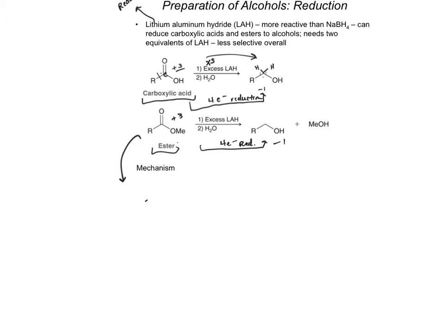So I'm just going to take this and redraw it. The first step is going to be very similar to what we saw before. We're going to find that we have a nucleophilic attack. And again, the nucleophile is the hydride on the aluminum hydride, so we can go ahead and draw that out.